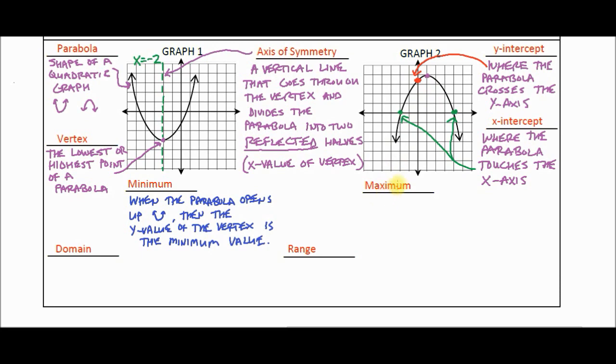If I ask you about the maximum of a graph, that only makes sense if the parabola is facing down or opening down. So for maximum, we're going to say basically the same definition, just change a couple words.